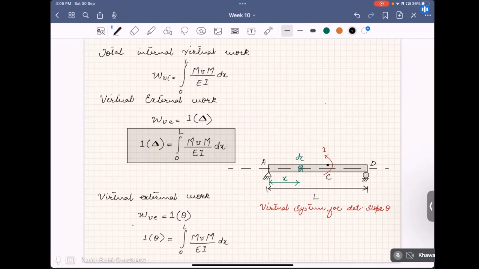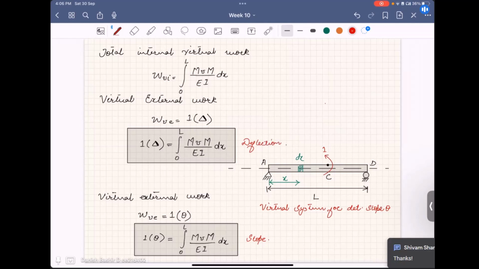So smartly we were able to compute the slope at point C. This was again a very easy formulation for computing slope using the virtual work method.